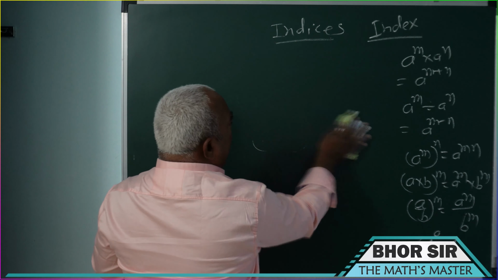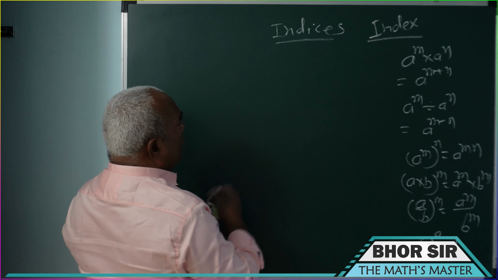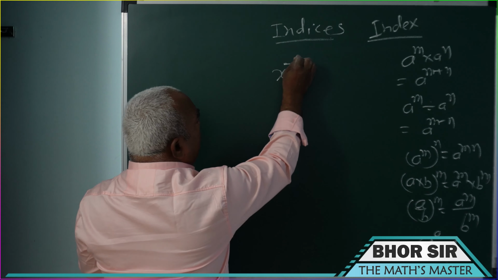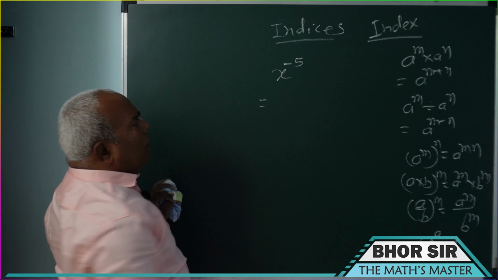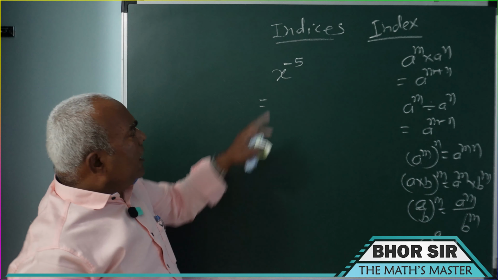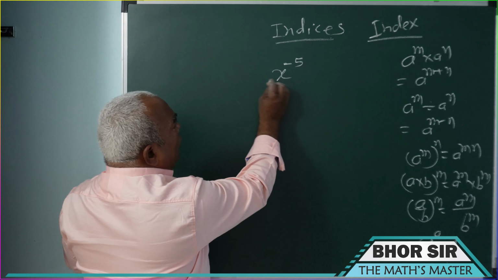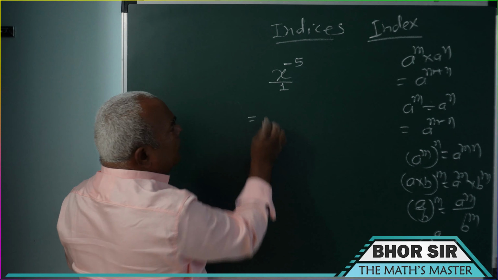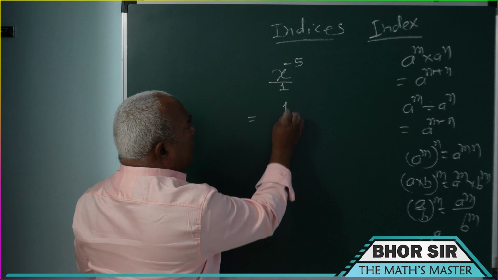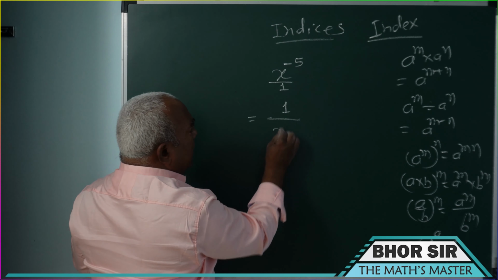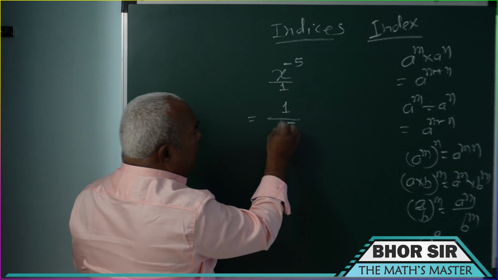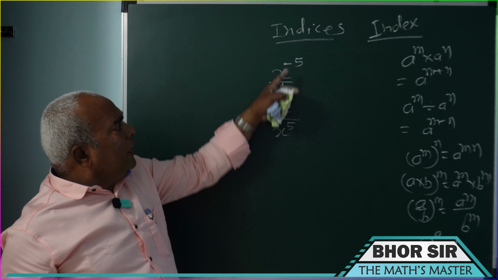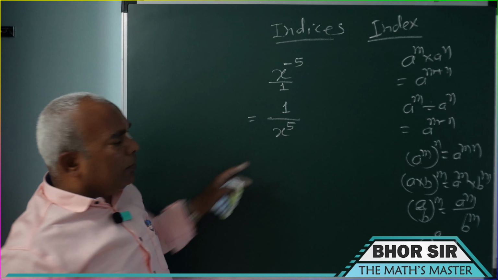Okay. Next is that, suppose x raised to minus 5. We have to simplify this. Then as there is no denominator, the denominator is 1. We should make the reciprocal of this. The reciprocal makes 1 go upside and x with minus becomes plus downside. If there is a minus sign, downside it becomes plus.